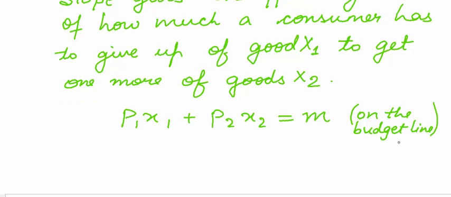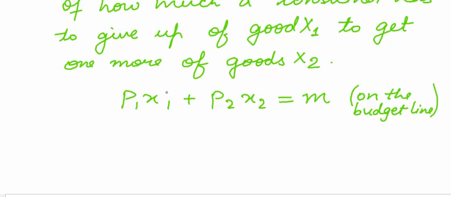Let's make a change in good X1 and add delta X1 to X1. So P1 times X1 plus delta X1. If we are giving him more of X1, we need to take that much amount from X2.